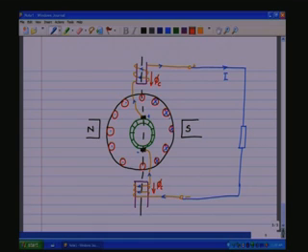Now, the armature reaction, that is the currents through the armature, was producing a flux in this opposite direction. So, this is the flux due to the armature reaction.